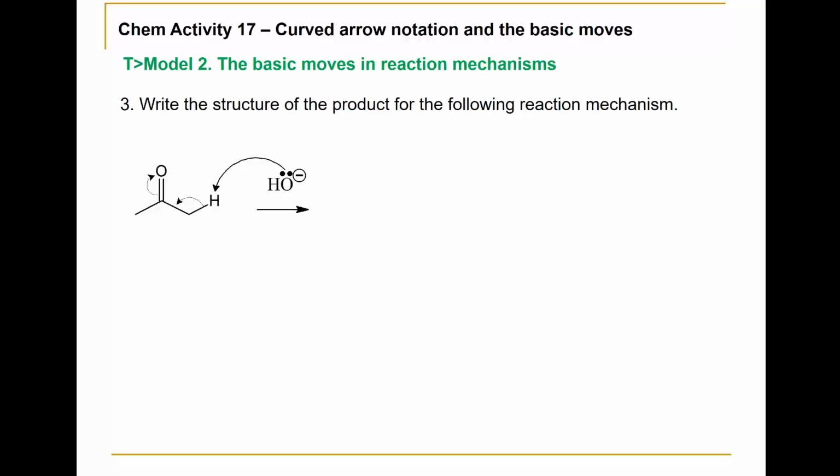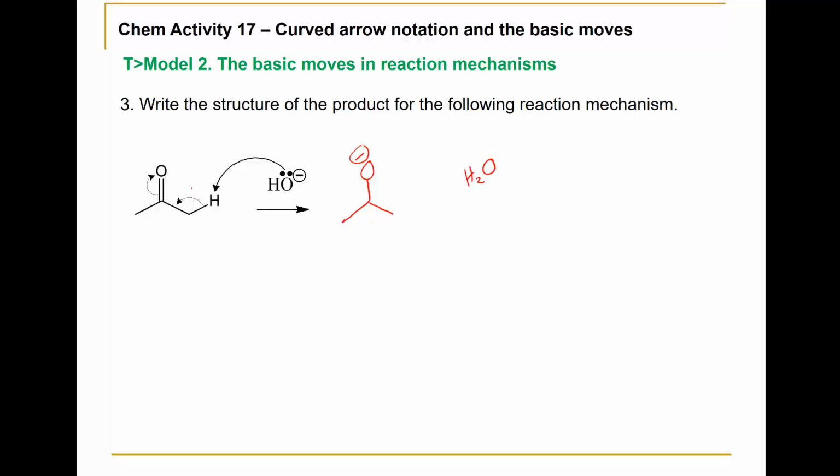Okay, so I would classify this as a proton transfer. The hydroxide is picking up a proton. I draw out the original structure in the sense I've got 3 carbons. There's a bond to the oxygen. There will not be a double bond because the pi bond was broken and the electrons went to the oxygen. The proton was picked up, so one of the products that we will have here is H2O.